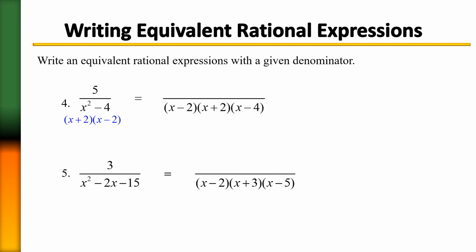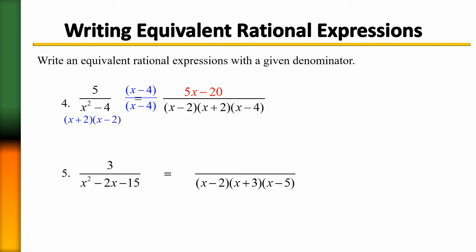So what you were missing, yes, was the x minus 4. So we're going to multiply the top and the bottom by x minus 4. When we do that, when we do the distributive property, 5 times x and 5 times negative 4, is going to leave us with 5x minus 20.